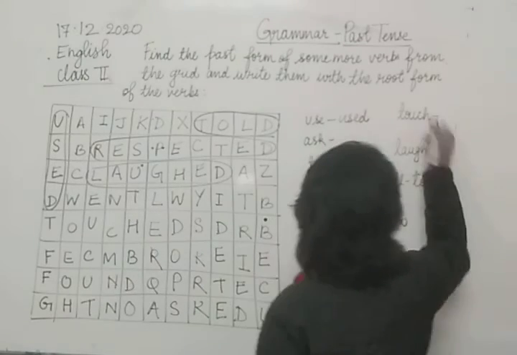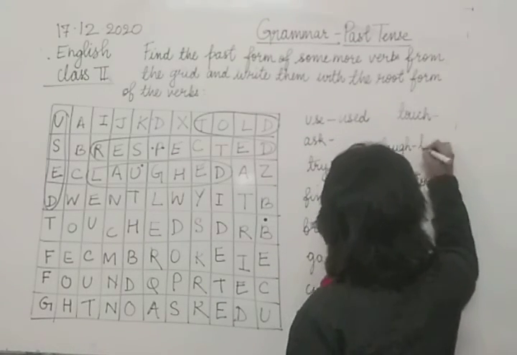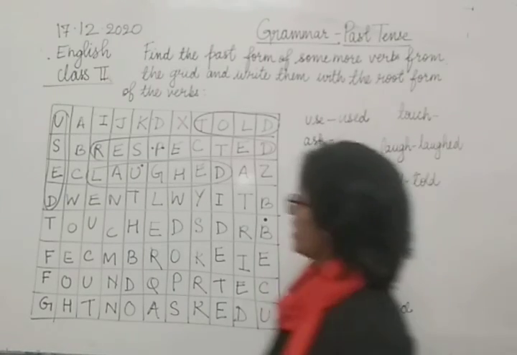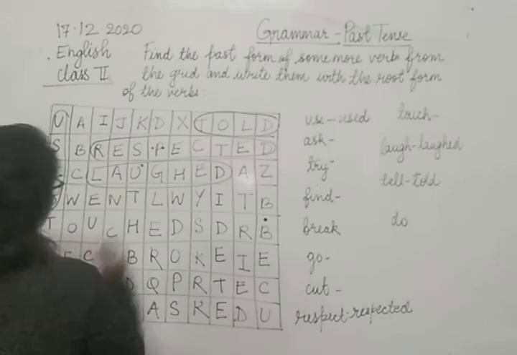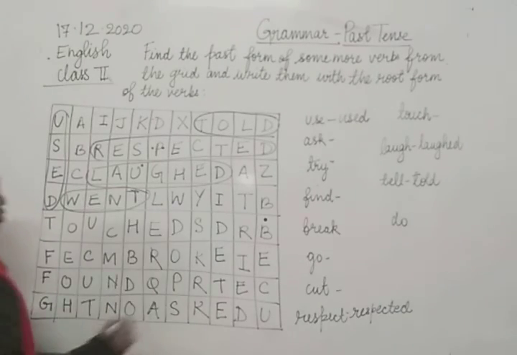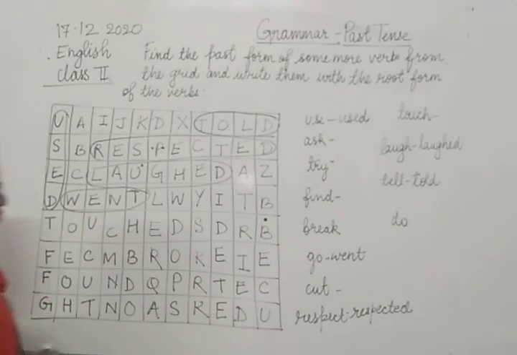Past tense यहाँ पर है, इधर लिख देते हैं. Past tense is LAUGHED, laughed. Then we have WENT. तो go का पास्ट टेंस WENT, went. हो गया.